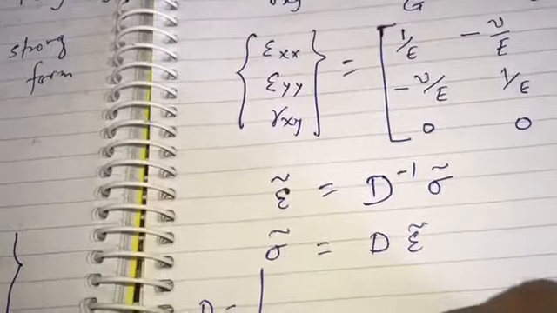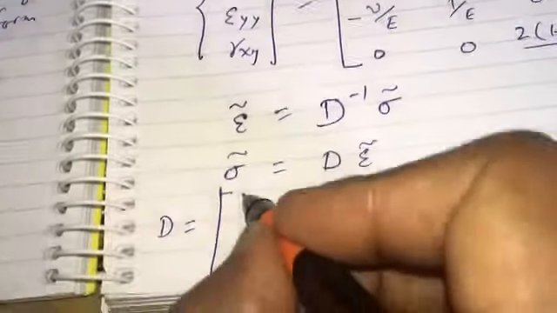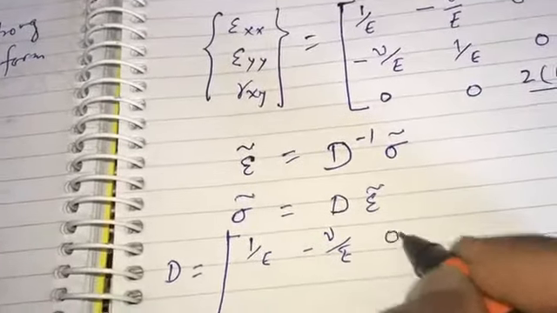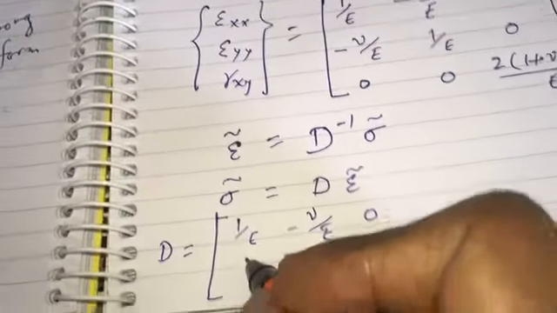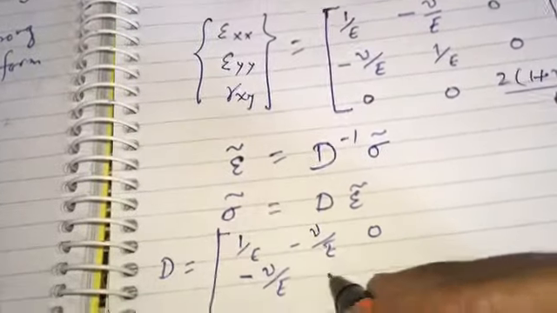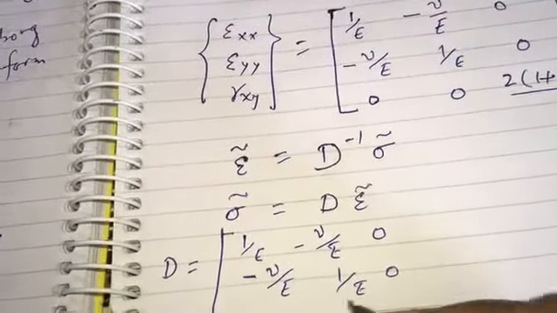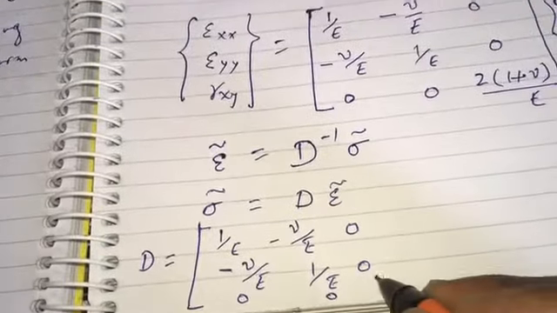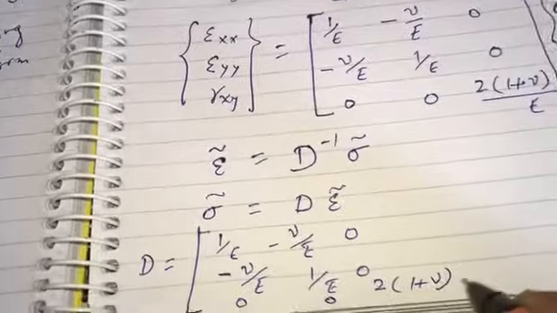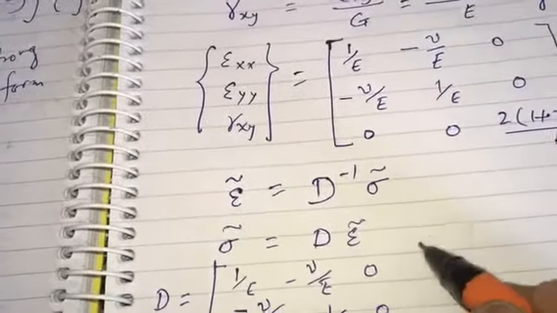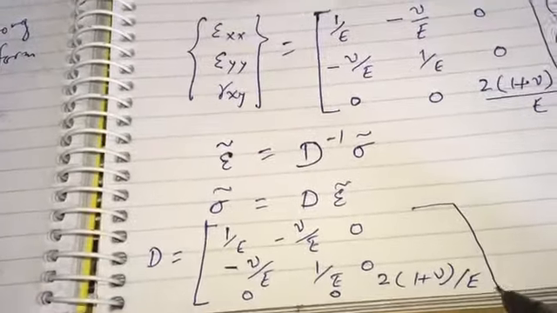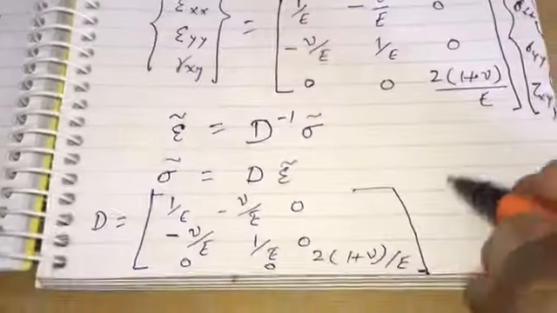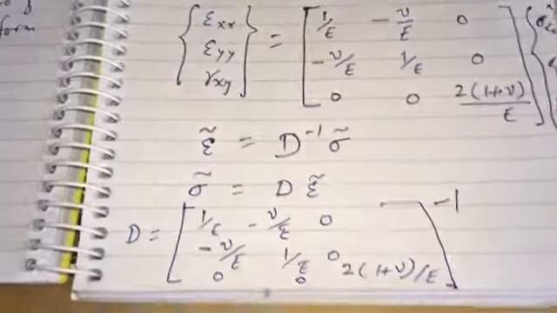So D is equal to 1 over E, minus nu over E, 0, then minus nu over E, 1 over E, 0, then 0, 0, and here 2 times 1 plus nu over E. No, this is the inverse of that.